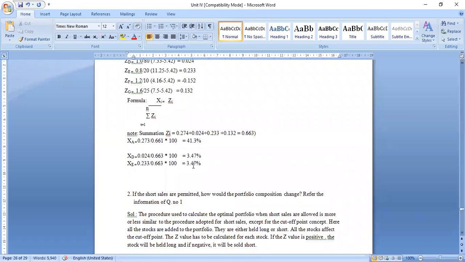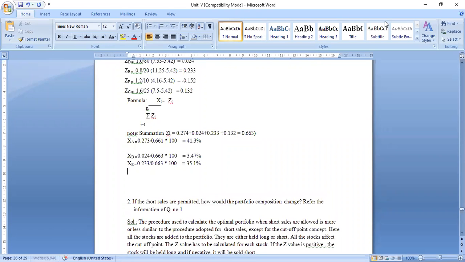So we will calculate this, which comes to 35.1%. Okay. Next, after E, we cannot calculate for F, so we will go for G.